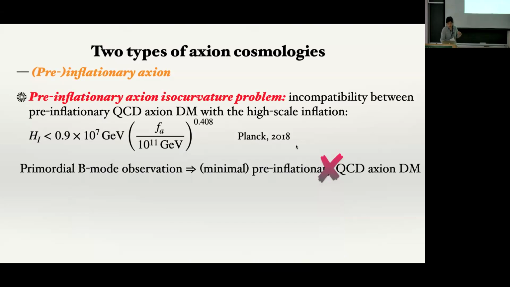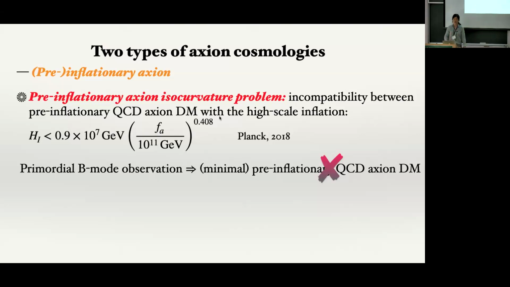So the Planck data can be translated into an upper bound on the inflationary Hubble scale, assuming the pre-inflation axion dark matter makes up the entire dark matter. This bound is about 10 to the 7 GeV. So this bound can be interpreted as an incompatibility between pre-inflation QCD axion dark matter and high-scale inflation.